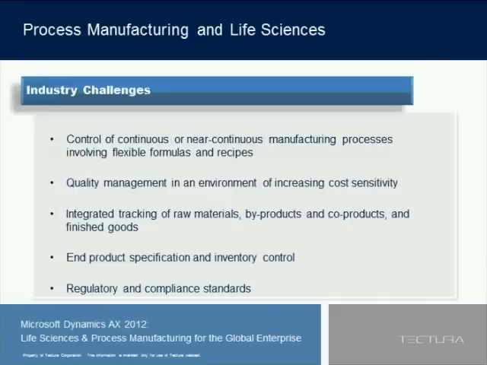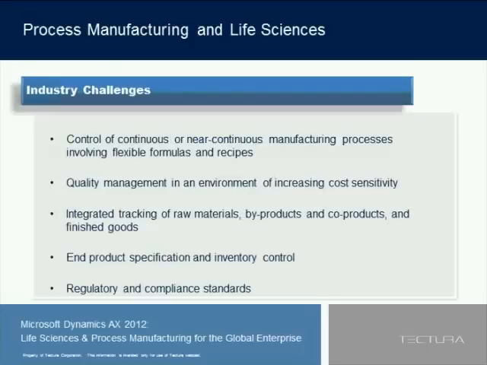Quality management really goes without saying, but having an integrated quality management solution within your ERP system is really a benefit. Next, we look at tracking not only raw materials and finished goods throughout production, but we also have the capability to capture byproducts and co-products as part of the production process.